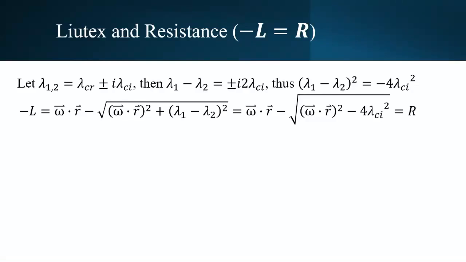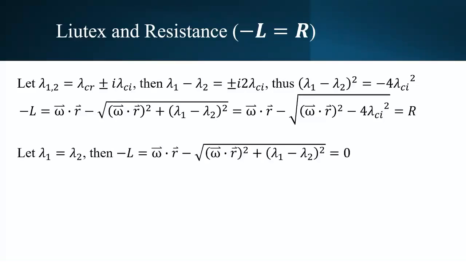So this is why I define this resistance as a kind of continuous extension of the Lutx from rotational points to non-rotational points, from a positive number to 0 and then to negative numbers. Of course, in the second case, the resistance is 0, and for the Lutx that term is also 0.